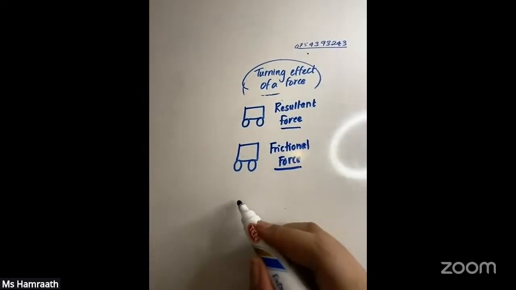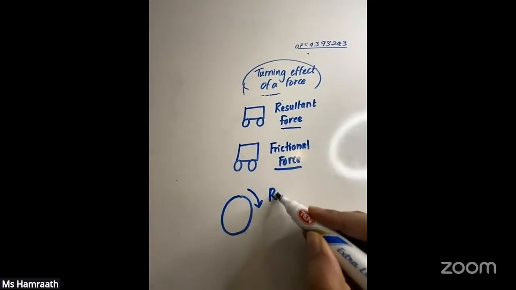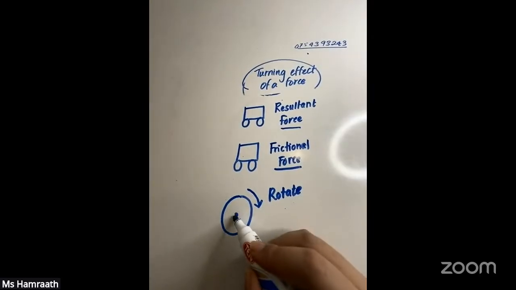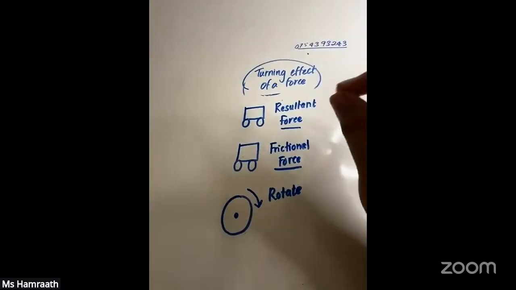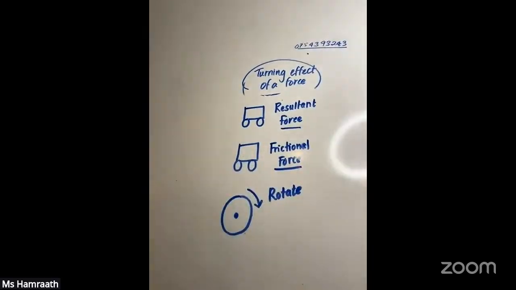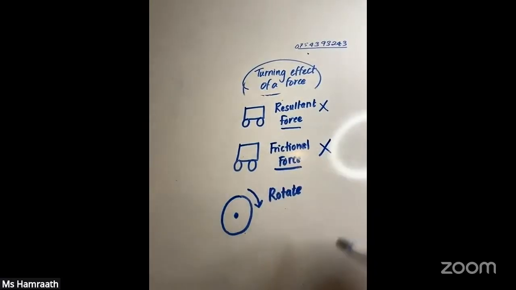In the same way, now you have an object and you want to rotate it. At the same time, this object is fixed at a point. It is fixed, but still it can rotate. So for that, I can't apply resultant force, and I can't apply frictional force.